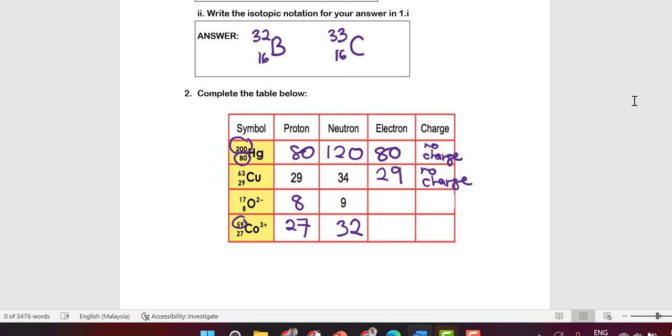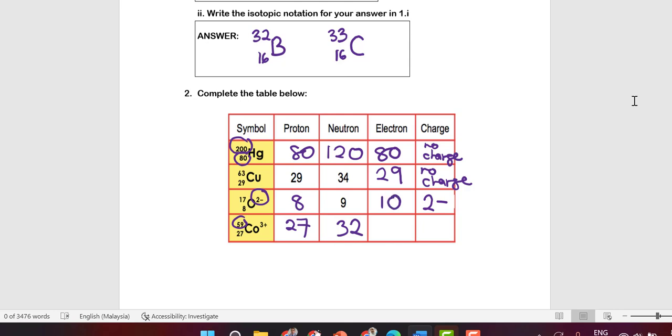Okay, here we have 8 number of proton, but we have -2. So the charge is 2 negative. So negative means that number of electron is more than proton. Berapa banyak dia lebih tu? 2 lah. So electron 10.